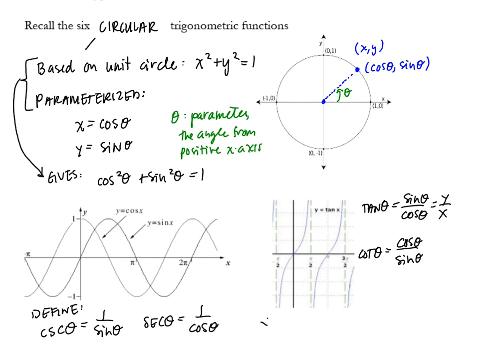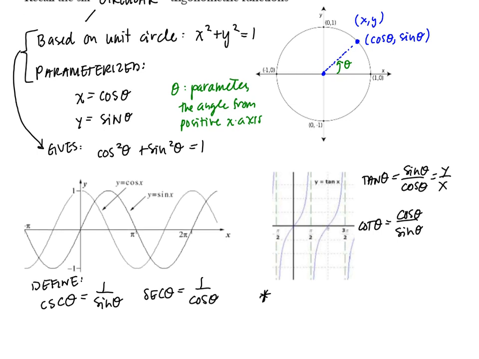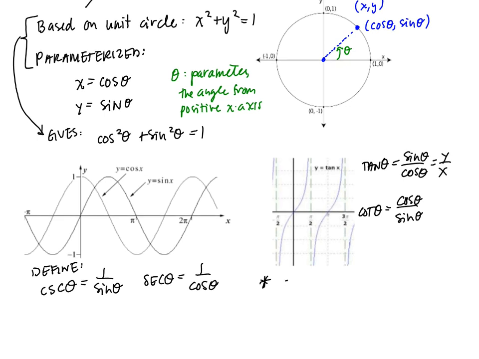We also, most importantly, could take the derivative or the integral of these functions with respect to x, or with respect to theta, I suppose I should say here, since all my trig functions have theta. And that is just a basic review of circular trigonometric functions.